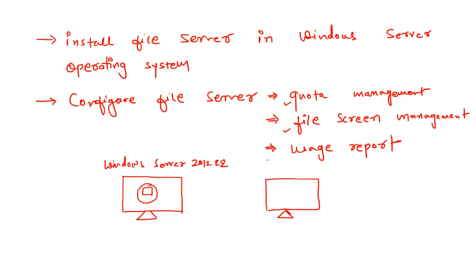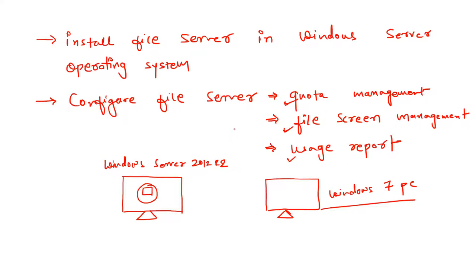This folder from this Windows 7 PC, and we will check whether the quota management actually is working or not, file screen management is working or not. Okay, we are able to generate usage report or not.